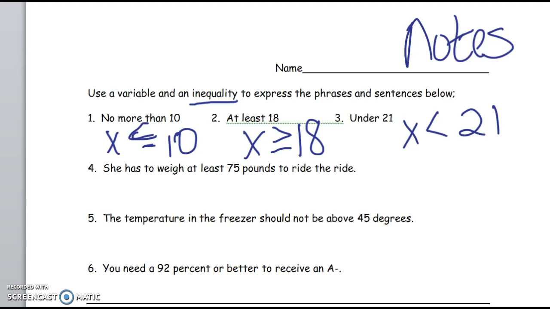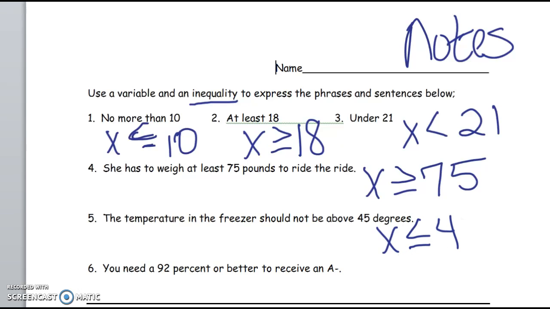So she has to weigh at least 75 pounds to ride the ride. So her weight has to be greater than or equal to 75. The temperature in the freezer should not be above 45 degrees. So it should be less than, or it can also be equal to, since 45 is not above 45.